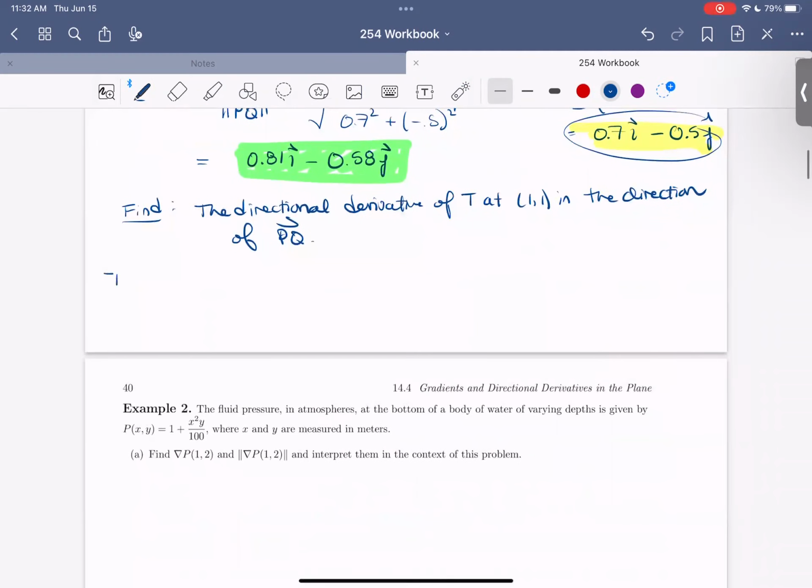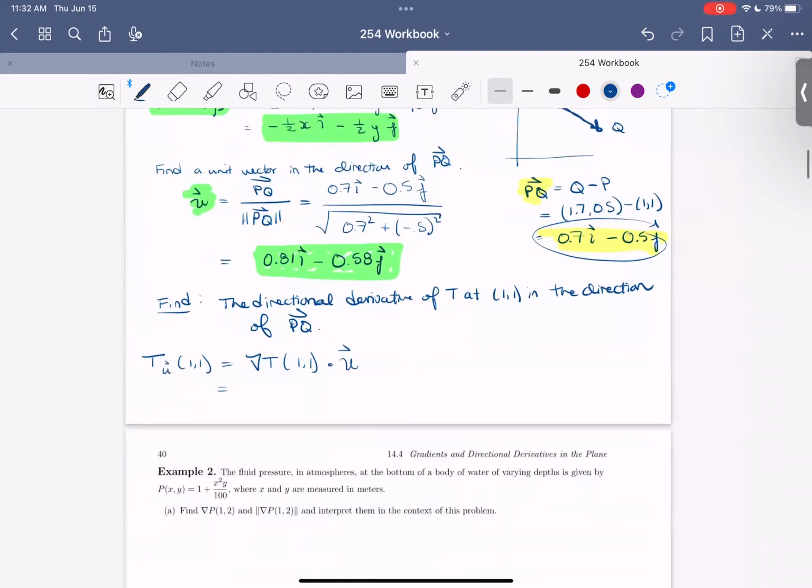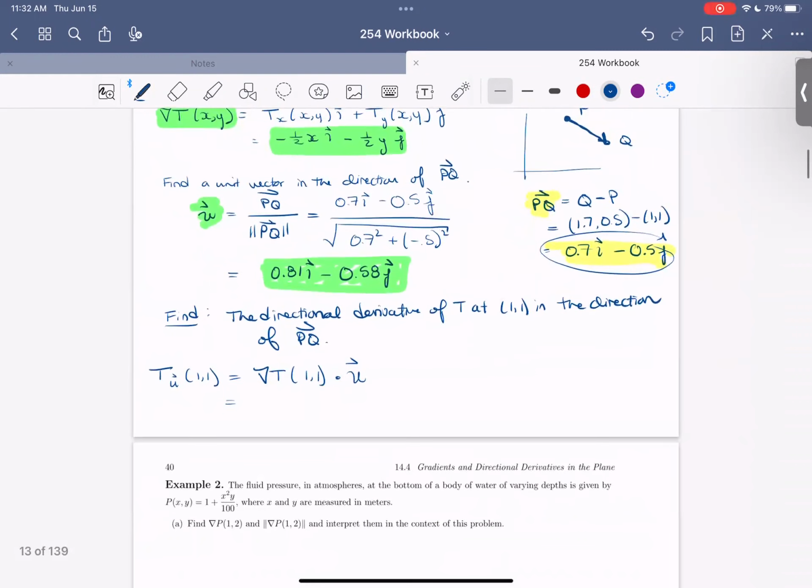That'll look like T sub u of (1, 1) is equal to the gradient of T at (1, 1) dotted with our u vector. Plugging (1, 1) into our gradient gives 1/2 i minus 1/2 j, dotted with 0.81 i minus 0.58 j.